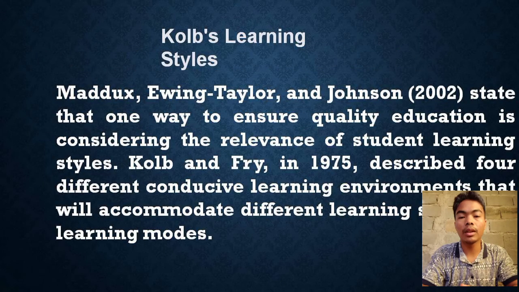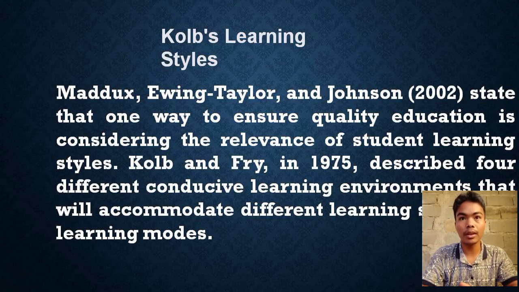Let us continue our discussion by discussing Kolb's learning styles. Maddox and Ewing, Taylor and Johnson in 2002 state that one way to ensure quality education and positive student outcomes is considering the relevance of student learning styles in designing instructional methods.